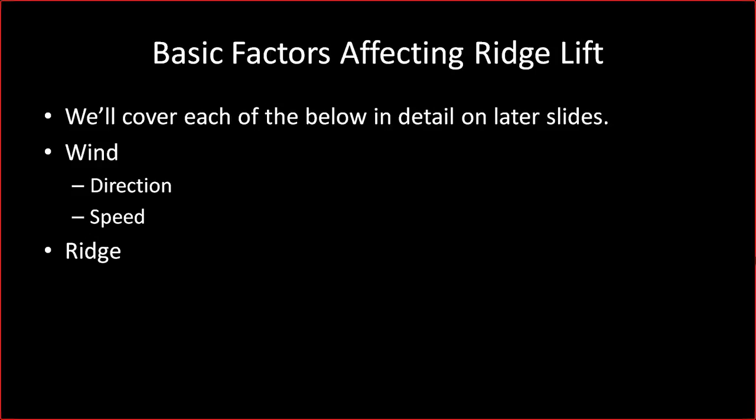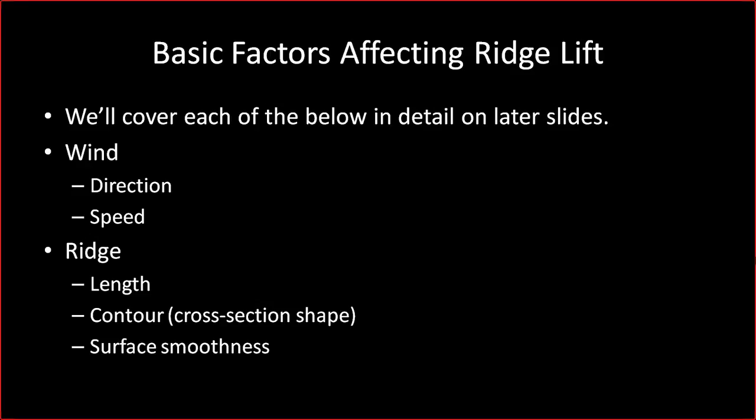There are some characteristics of the ridge that are important. The ridge length. How many miles long is this ridge? That matters. The contour, and what I mean by that is the cross-sectional shape. If you looked at it horizontally, looking down the ridge, and took a slice through it and looked at that, the shape is important.